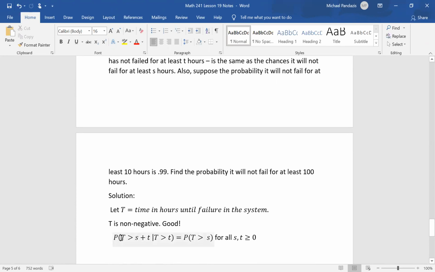Okay, so this is memoryless. Good. So T is memoryless.